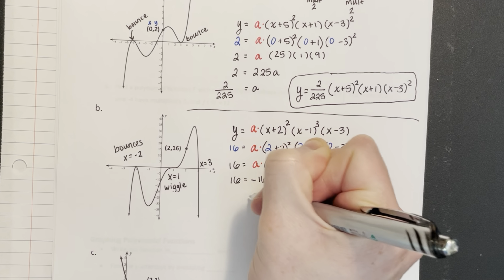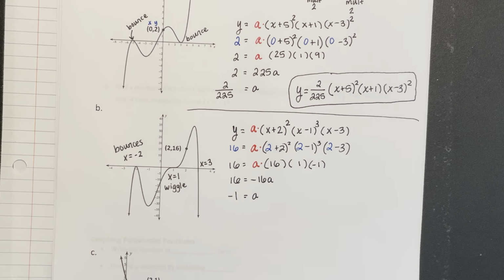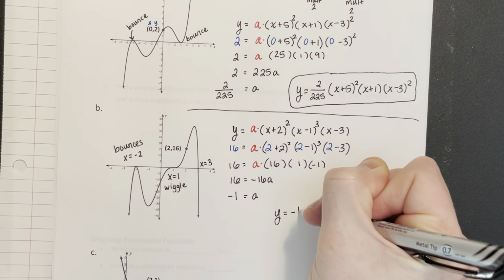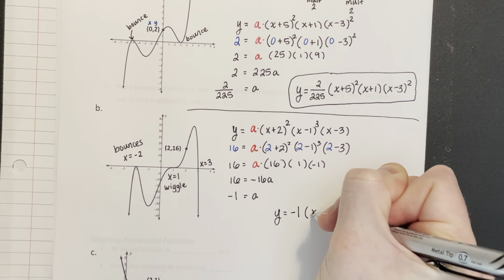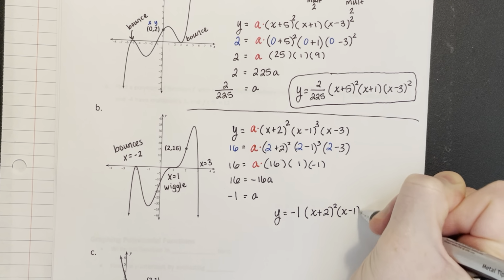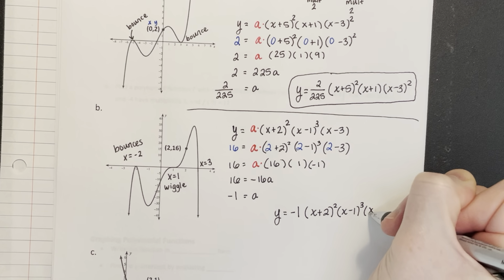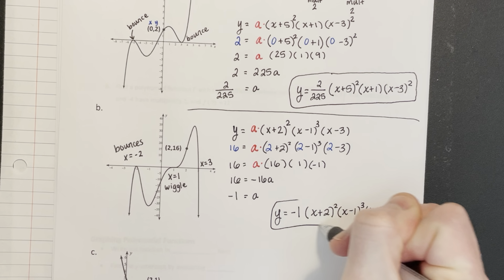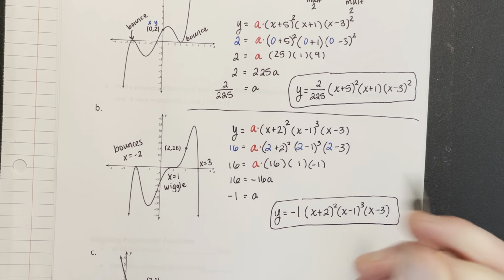Solving for a, we get negative 1. So now y equals, you can write negative 1 x plus 2 squared, x minus 1 cubed, and x minus 3. You don't have to write the 1 necessarily. Sometimes we just write negative and then x plus 2 squared and so on.